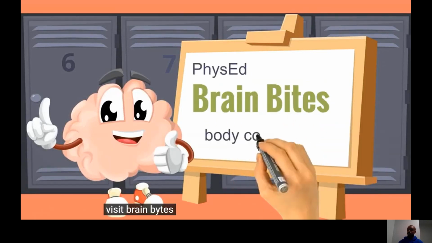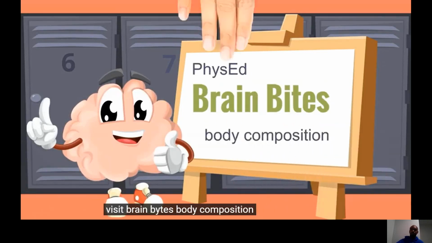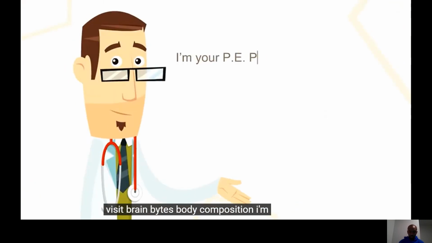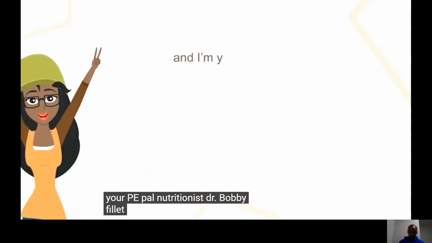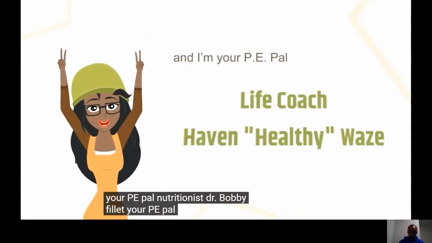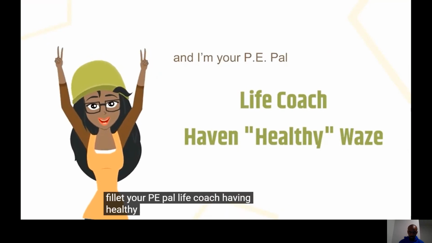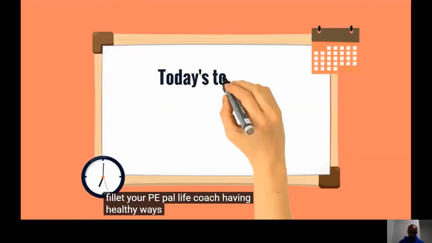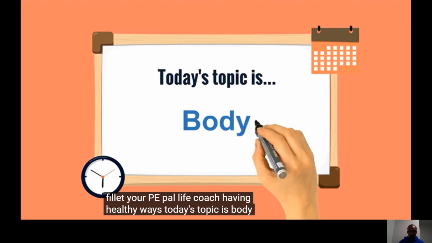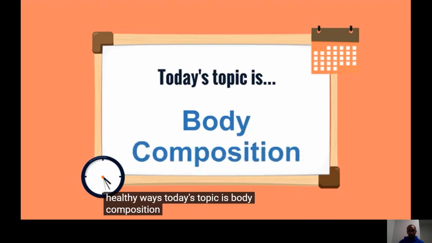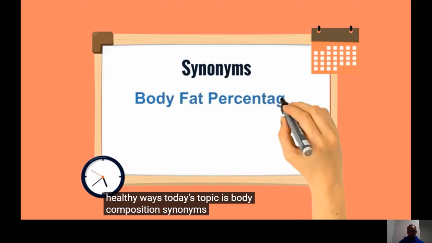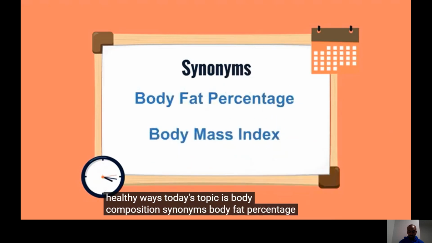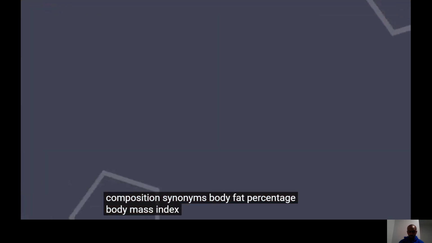Phys Ed, Brain Bites, Body Composition. I'm your PE pal, nutritionist Dr. Bobby Fillet. And I'm your PE pal, life coach, Having Healthy Ways. Today's topic is body composition. Synonyms: body fat percentage, body mass index.